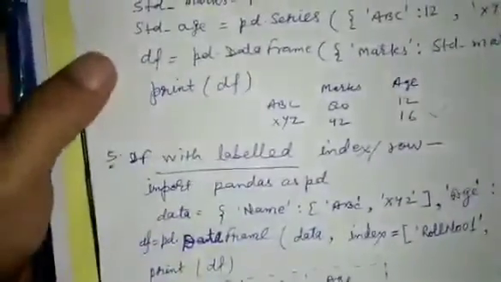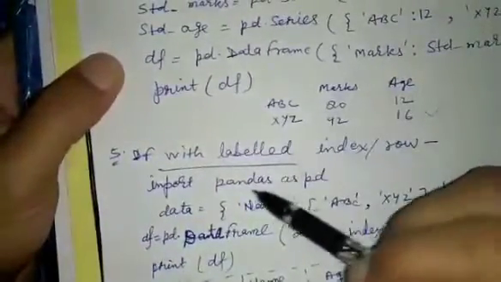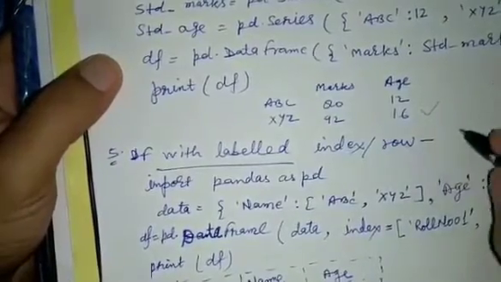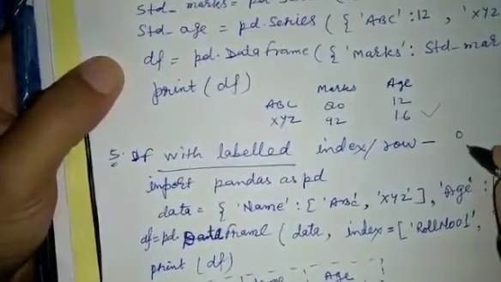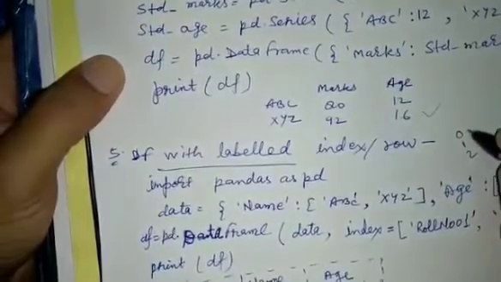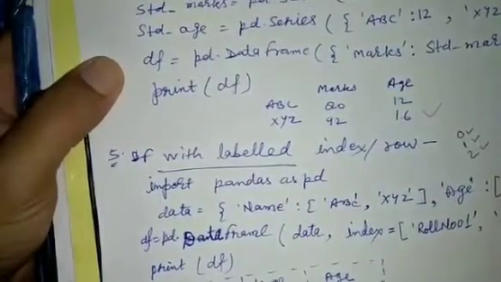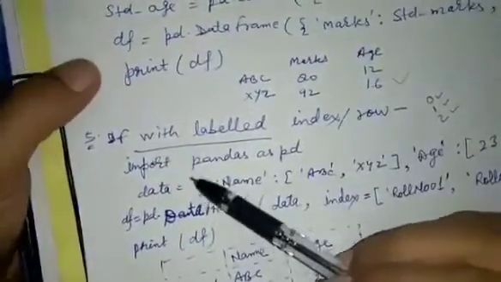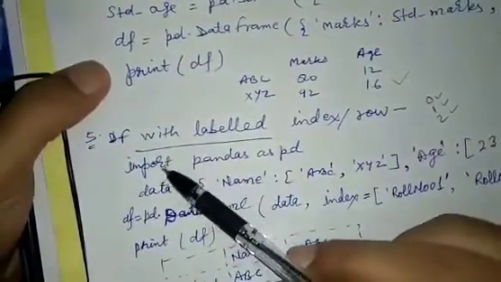Next, as I told you, you can name the indexes or rows, which are by default labeled as 0, 1, 2. You can name the rows as well. So how can you do this? Let's take a look at another example.